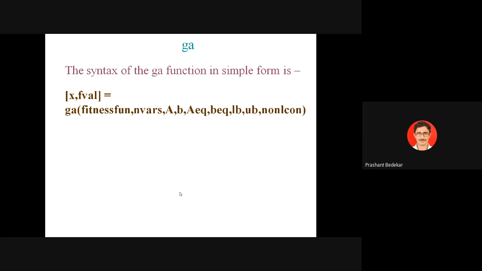Afterwards I think I have a slide wherein I'll show you the comparison, and then you will realize that there is a very small difference between using the GA function and using the fmincon function.